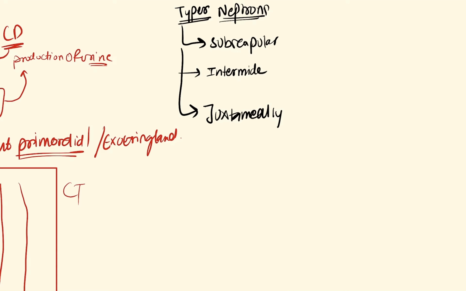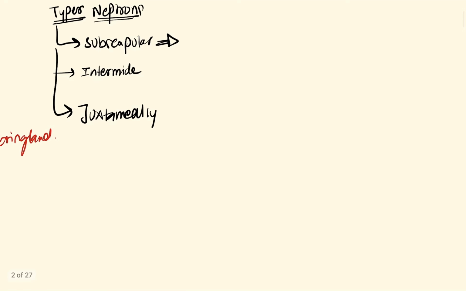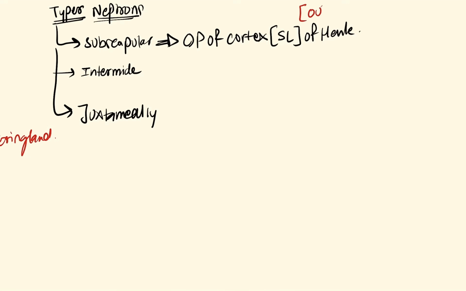Obviously subcapsular nephrons are present on the outer part of the cortex, and since they are on the outer part, they have shorter loops of Henle, and this only extends somewhere around the outer medulla. We'll talk about intermediate a little later.